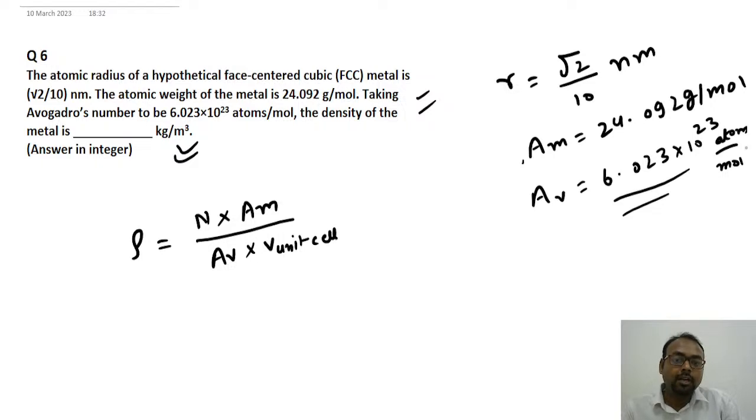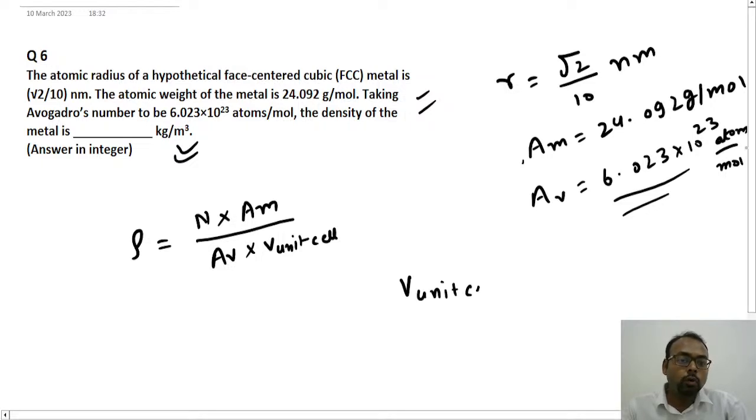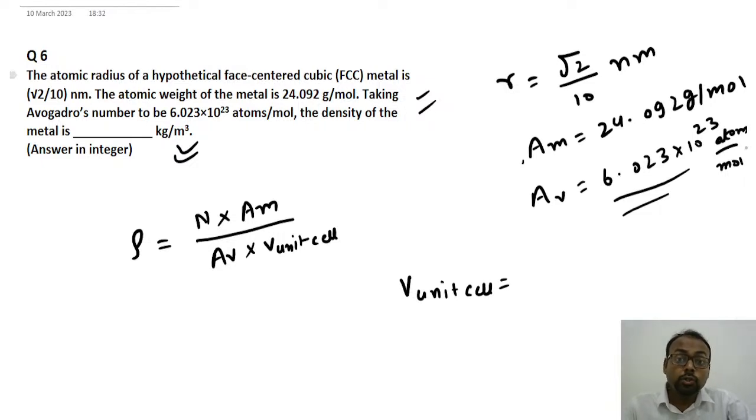Now, how can we calculate the volume of the unit cell? We have been given the condition of a face-centered cubic. So for face-centered cubic, the volume will be given by a cube.